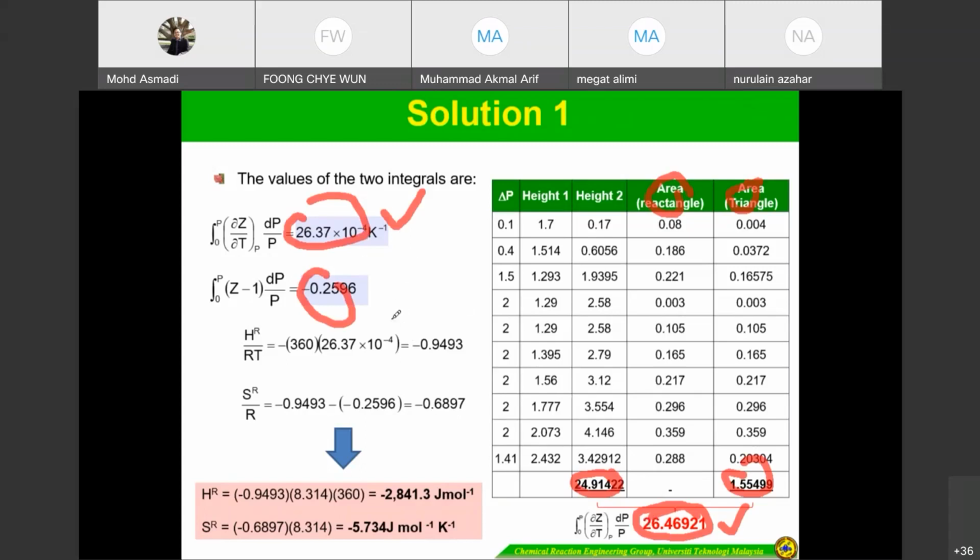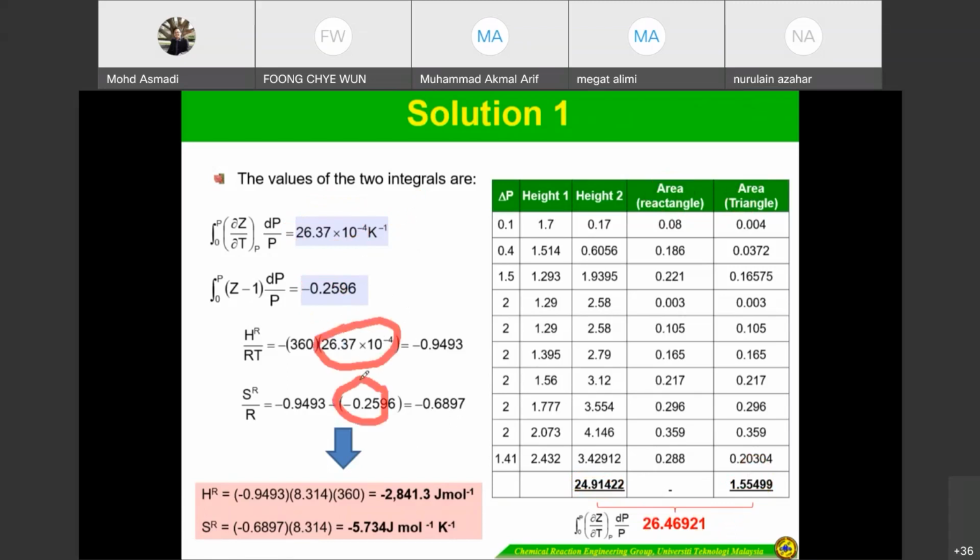Then you substitute into the equations, delta HR at 360 times the temperature, and also delta SR, and then substitute into here. So you can get the SR and HR.